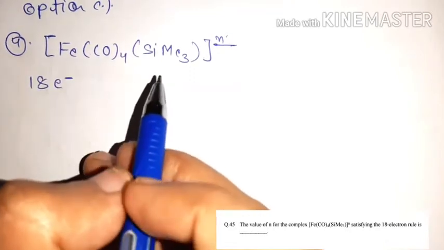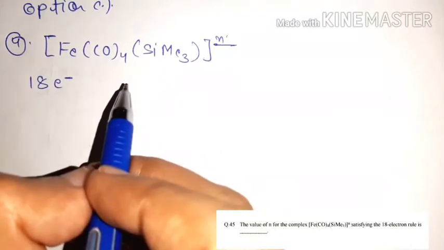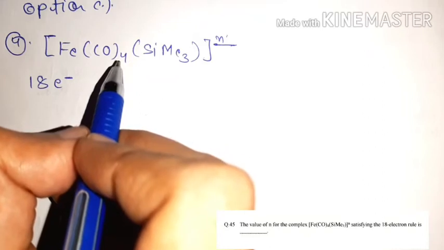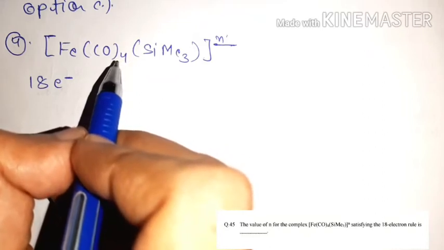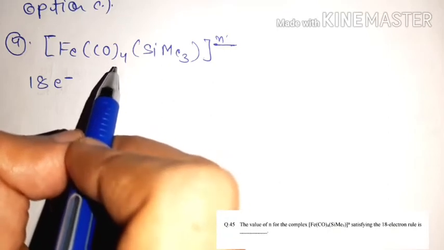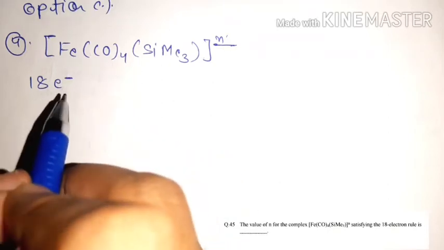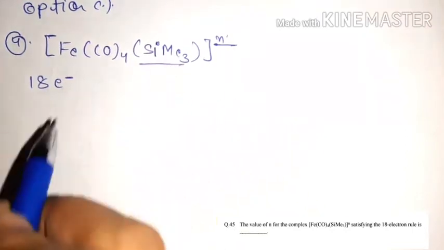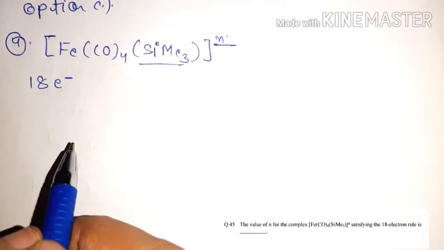metal and ligands. Now we know that one carbon monoxide ligand will contribute 2 electrons. So here 4 carbon monoxide ligands are present, so they will contribute a total of 8 electrons. Okay, and 1 electron can be donated by your tetramethylsilane ligand.